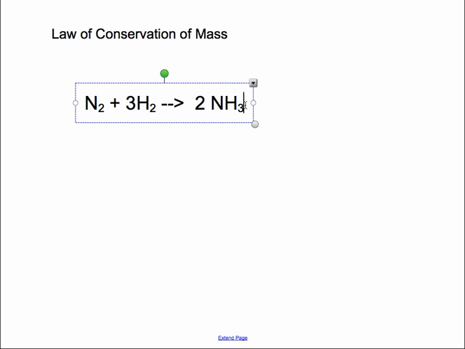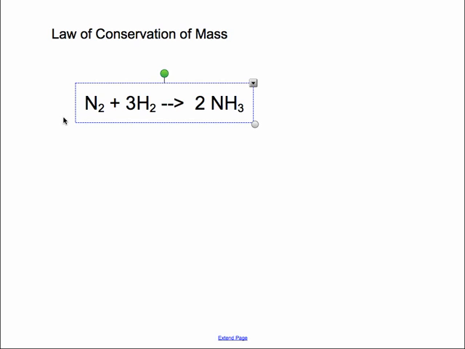Okay, and so one way we've talked about how we can use the coefficients is in the creation of mole ratios and particle ratios to show how it satisfies the law. But one other way to do it is by mass, and you notice that we couldn't directly add up the coefficients to get the mass equal on both sides. But hopefully by now, with some of the stoichiometry stuff, what you recognize is that we can take the molar masses of these things, and they should be equal if we compare both sides of the arrow.